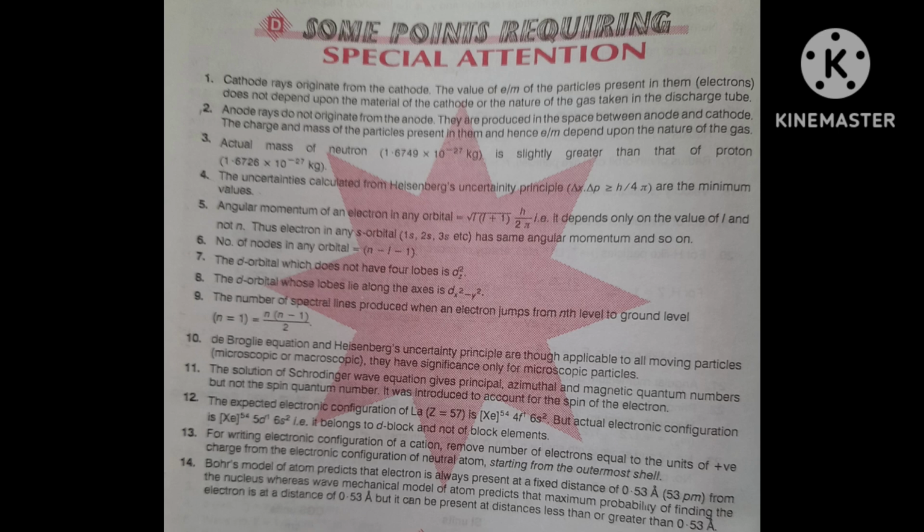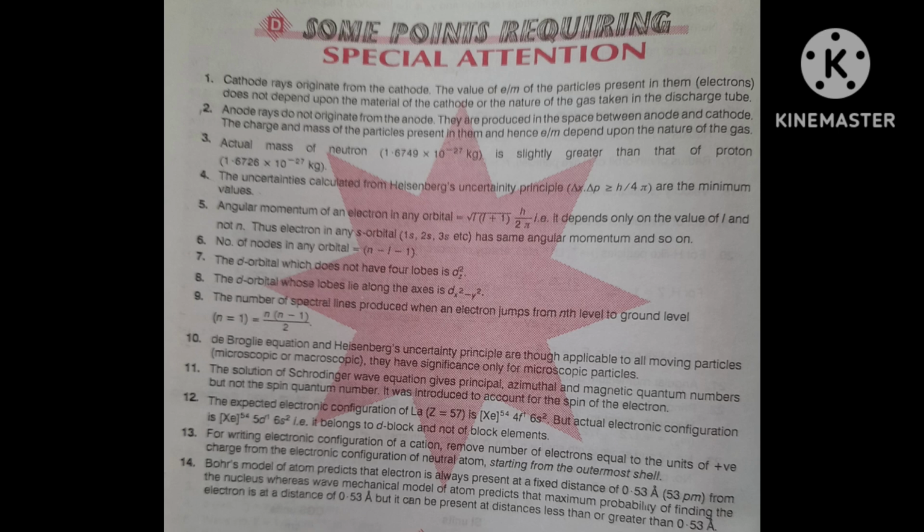Suppose minus 3 is there, then add 3 electrons to the neutral atom. Again, for a cation, because it is positive, it has lost that number of electrons, so you remove them, starting from the outermost shell.